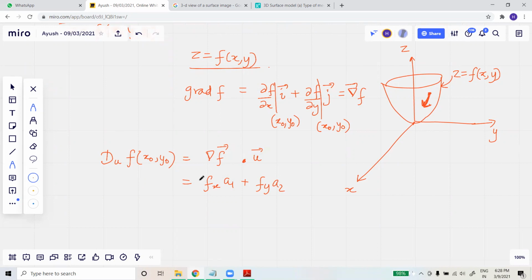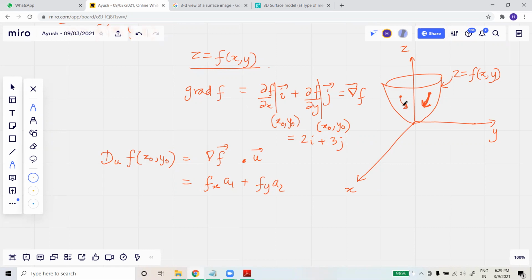So if it so happens that the u vector itself, I mean, you can choose any u vector you want. If the u vector itself is the same direction as that of the gradient, because the gradient has a particular direction now, right? Because the gradient will come out with some values according to dou f dou x at the point x0, y0.